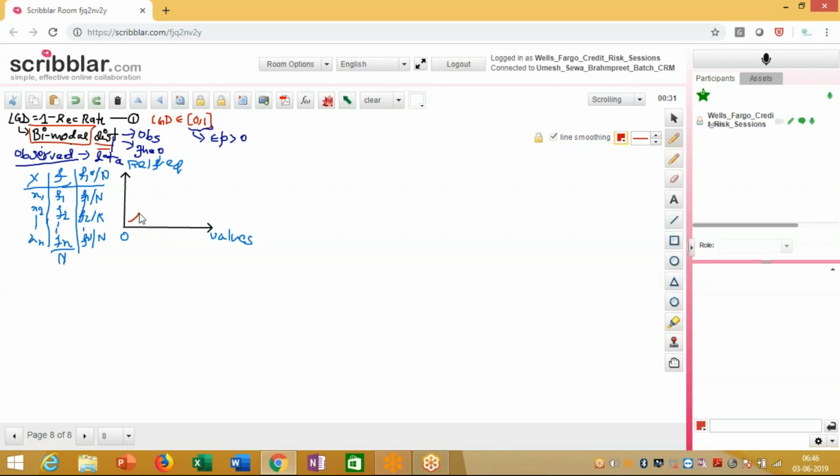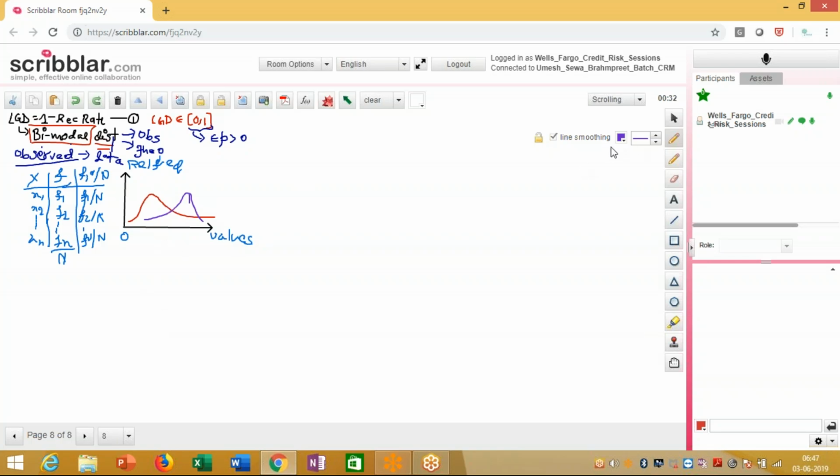So one of the distributions can look something like this, right? Another possibility is you have a distribution like this, right?